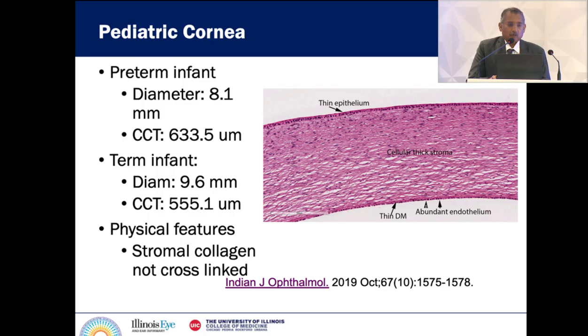The physical dimensions of the cornea are well known in preterm, term, and young infants. But the sad part is we know very little about the responses, the composition, and the molecular pathology of the pediatric cornea.